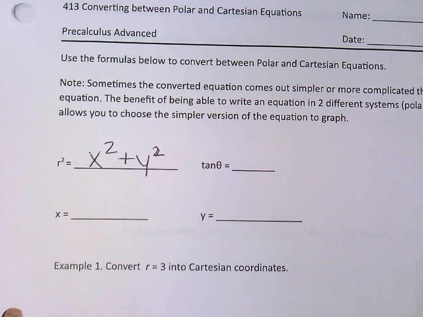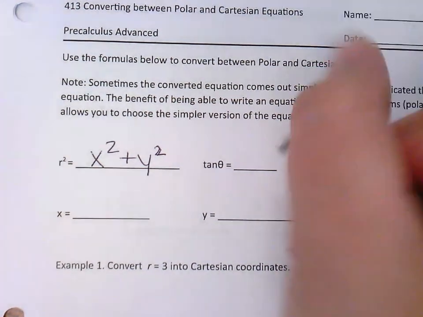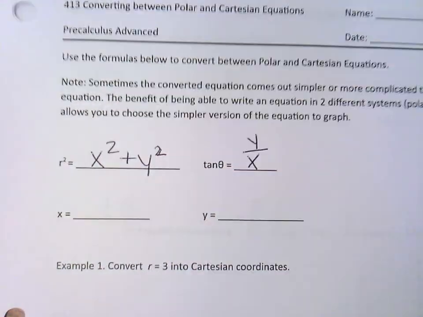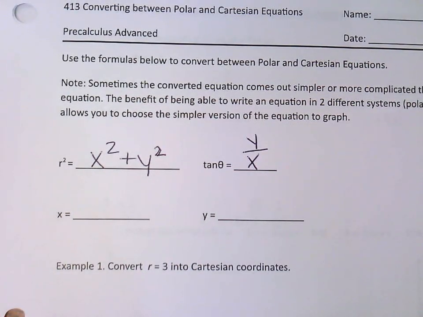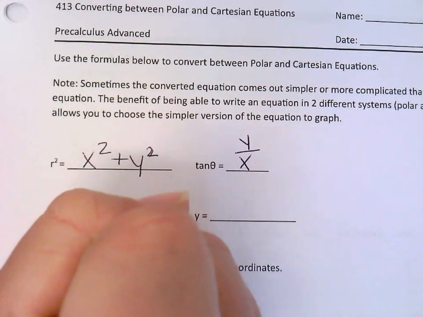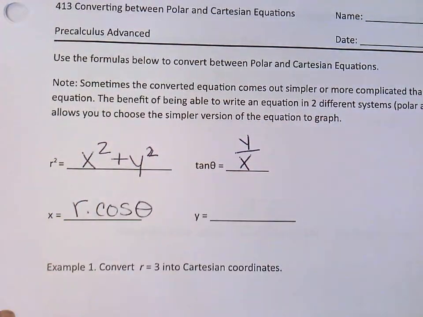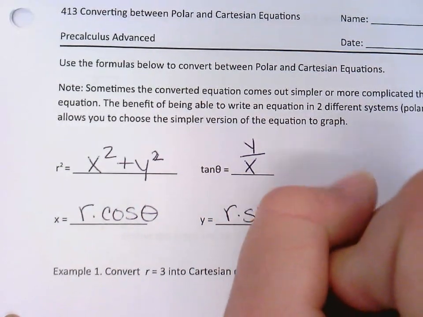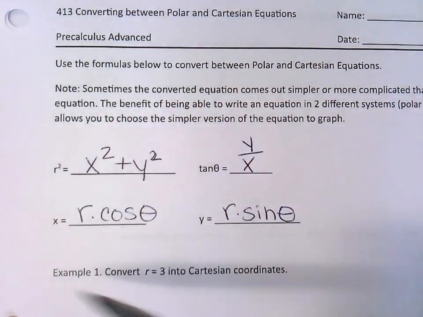The tangent of theta is equal to y divided by x, right? That's the ratio from the right triangle. And we know that x is r times the cosine of the angle, and y is r times the sine of the angle. So we're going to use these to go between the two systems, polar and rectangular.